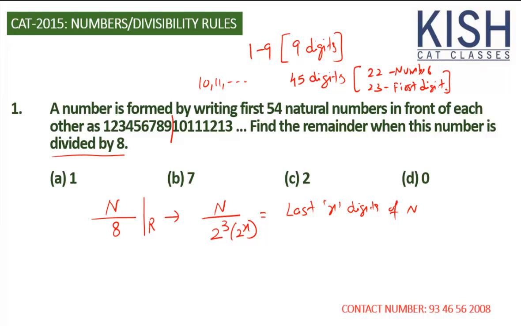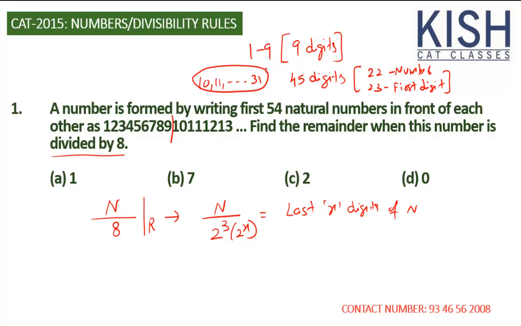Now 22 numbers starting from 10 is quite simple. From 10 to 31 we will have exactly 22 numbers. You just need to add 9 plus 22, that becomes 31.